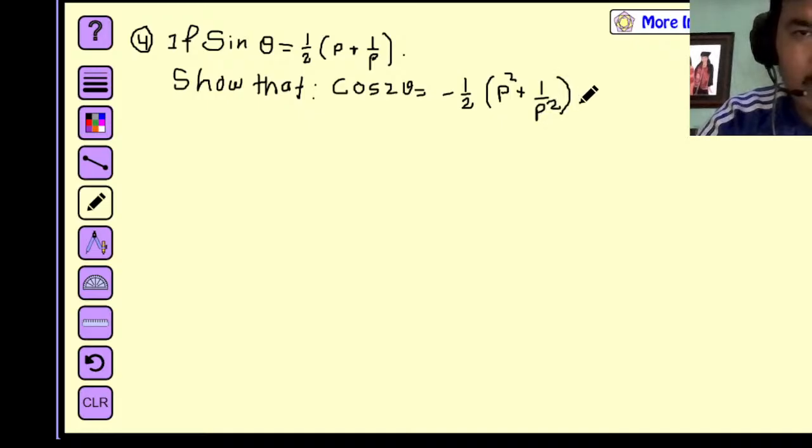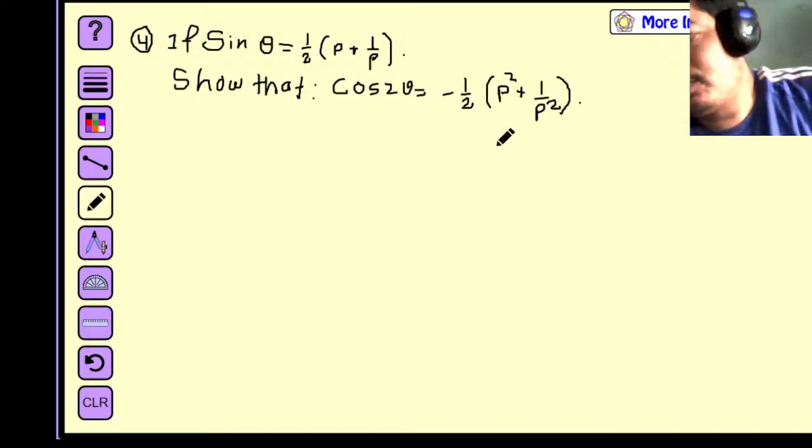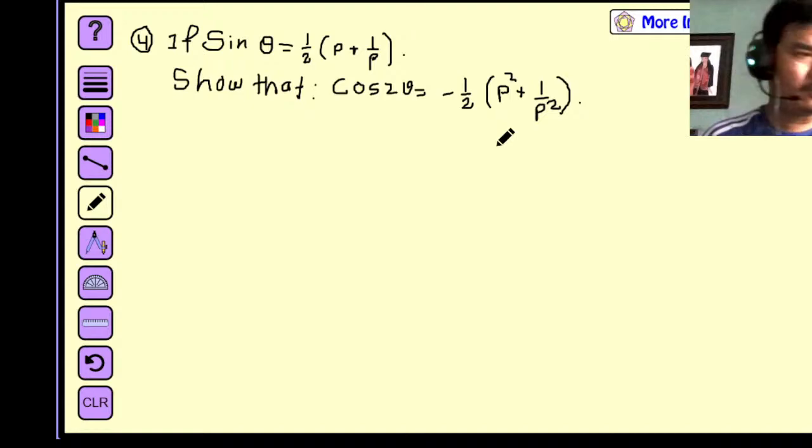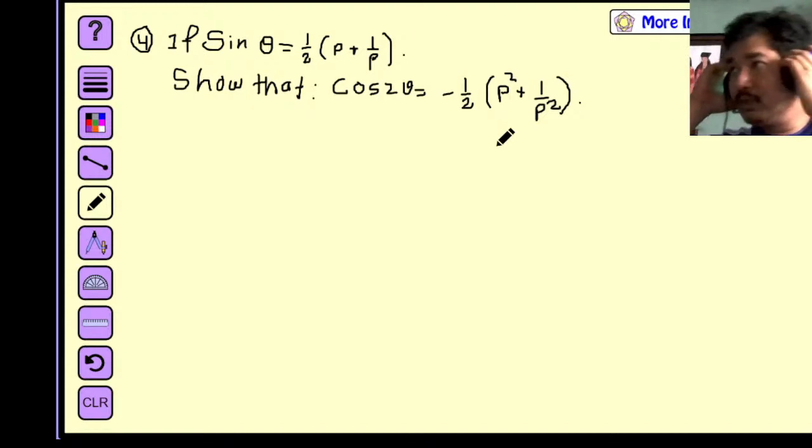This is the question asked to prove here, to show there. Look children, I want to show you this type of question here. Like this we have to show.